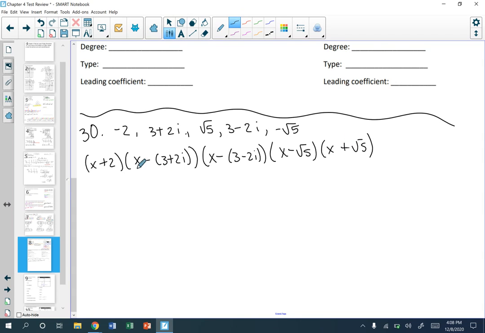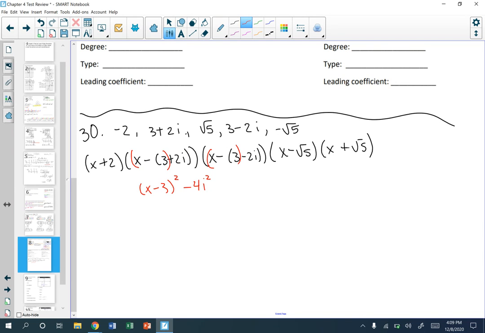All right, so I'm going to start right here by regrouping. So instead of rewriting the whole thing, I'm just going to write it in red. Regrouping there, and then since they're conjugates, I'm not going to bother with those middle terms. So I'm going to square the first term and multiply the last term. So I get x minus 3 squared, and then 2i times negative 2i gives me negative 4i squared. And the reason I can do that is because they're conjugates.